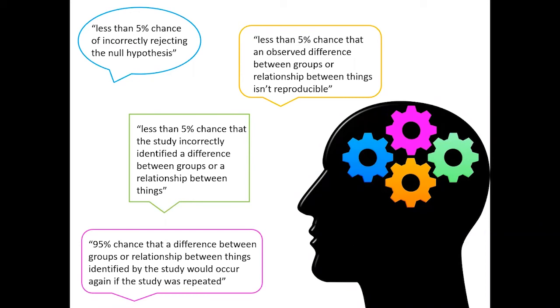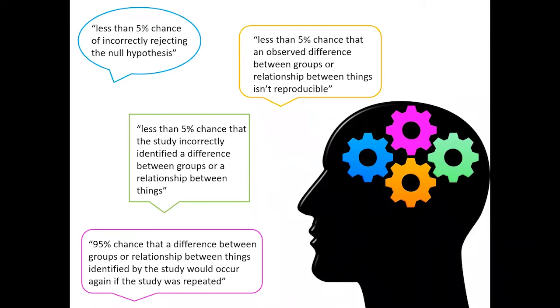And here you see a couple of examples of how someone might explain the significance of a p-value that's less than 0.05. So that there's a less than 5% chance of incorrectly rejecting the null hypothesis. That's very 8th grade science fair project.